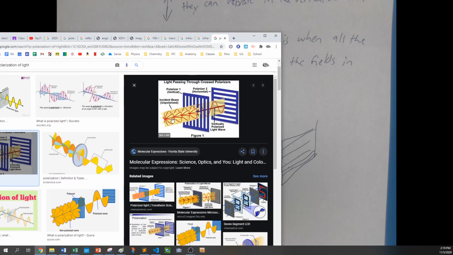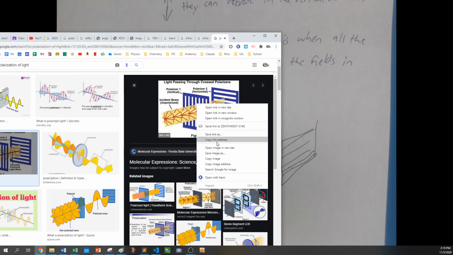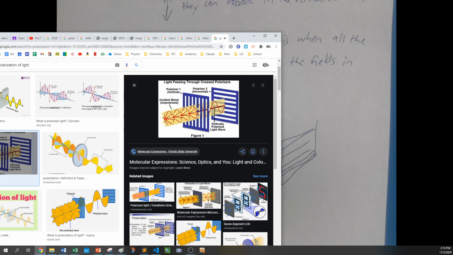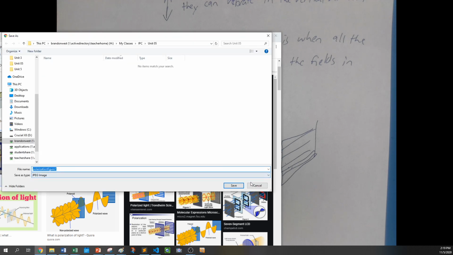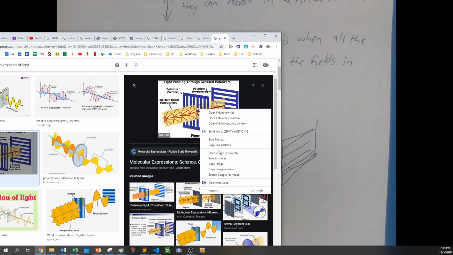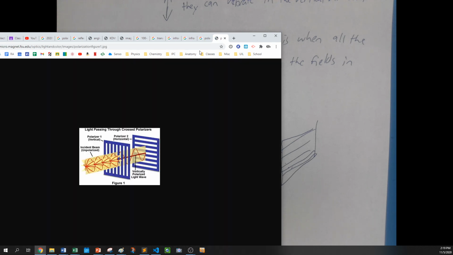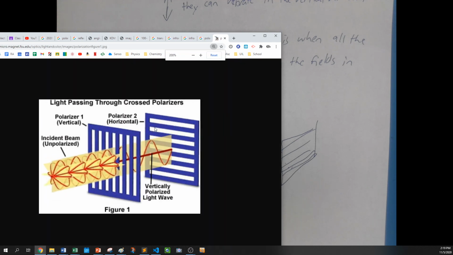So you can have light that's oriented in any way, but you can come up with a filter, and y'all stop humming, and only light that is vertically polarized could go through.